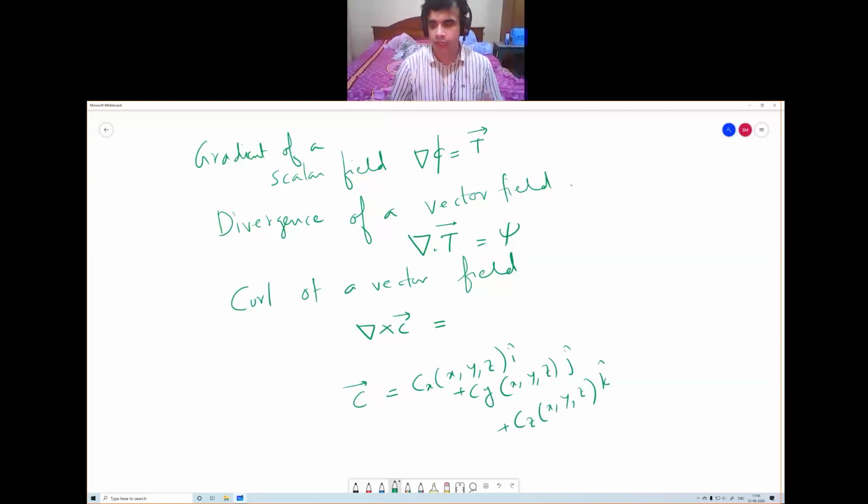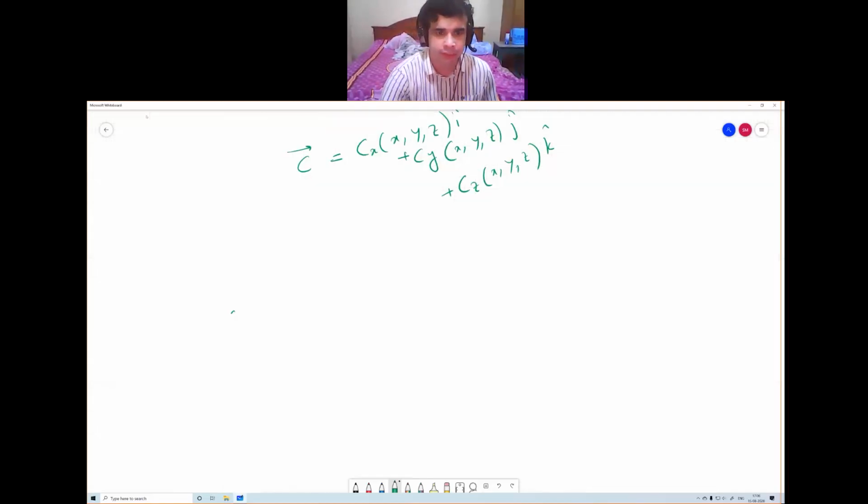Right. For our own convenience, we take two dimensions. It is still where everything is very much three dimensional, but for our own convenience, let us take C equal to Cx(x,y) i plus Cy(x,y) j. C is also, of course, a function of x and y. Fine.